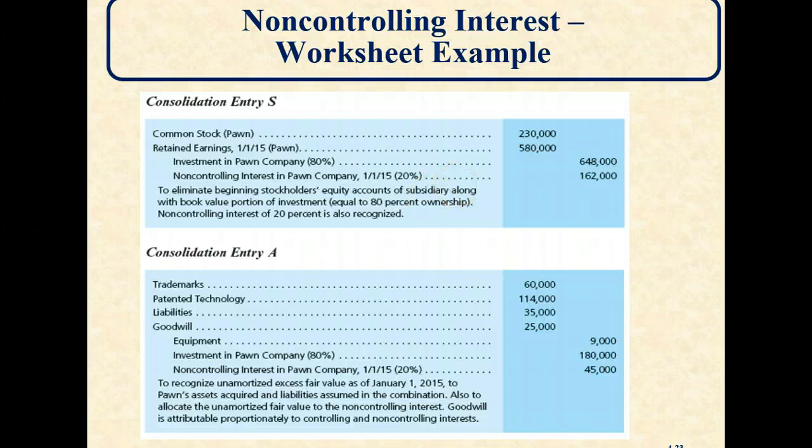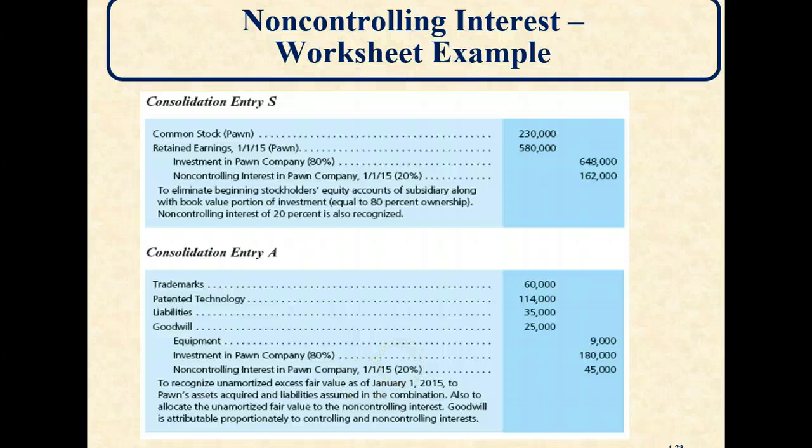Now, the A consolidated entry is basically taking into account that unamortized fair value excess to Pawn's assets and allocating some of it to the non-controlling interest, and then dealing with the goodwill.